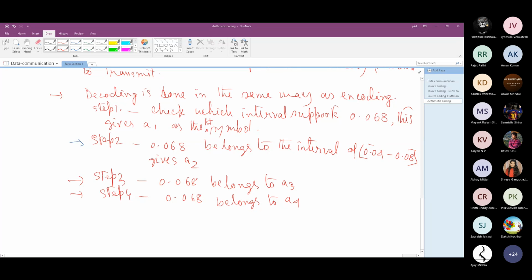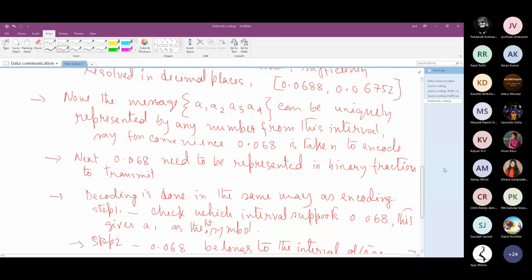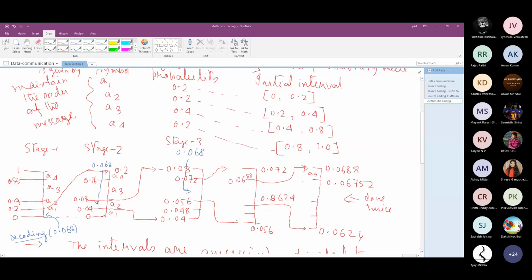Sir, I didn't get how we got A4 after A3. After A3, we check where 0.068 is. This is also the A3 interval. Okay. So we will not check that one and check the next one.